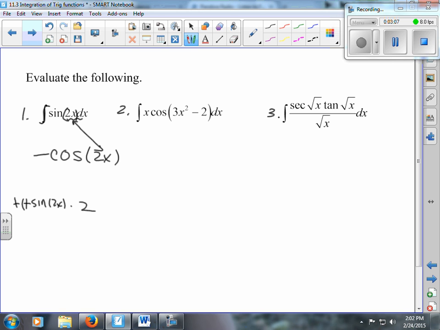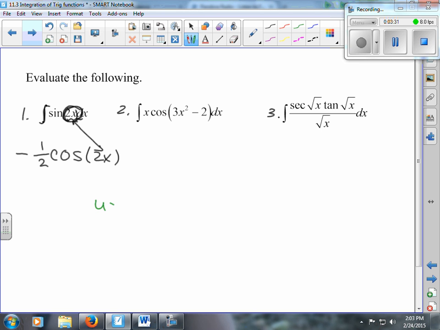Because this inside part, the 2x, has a derivative of 2. So when I multiplied by 2, when I did the chain rule, I don't see a 2 there. That means that in the original function, I must have started off with a 1/2 already there, and then the 2's cancel.